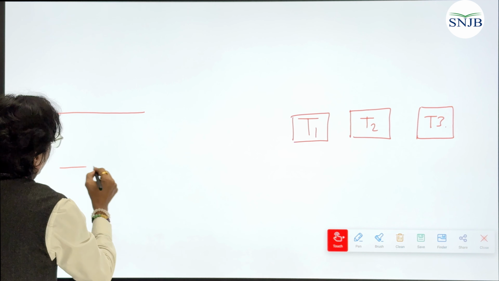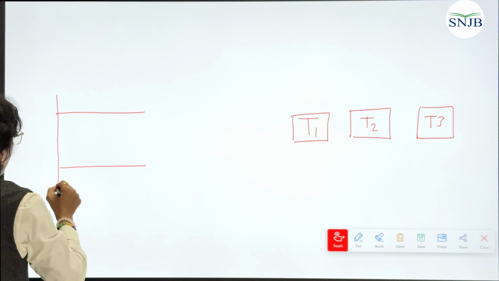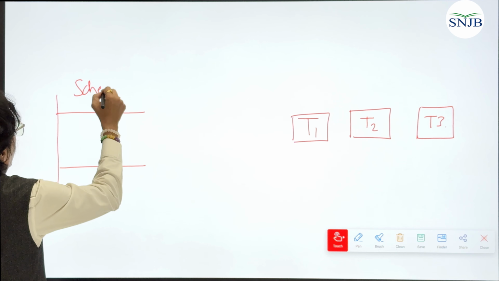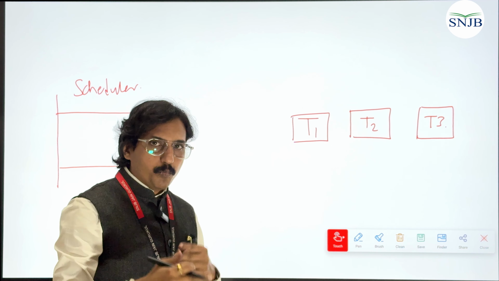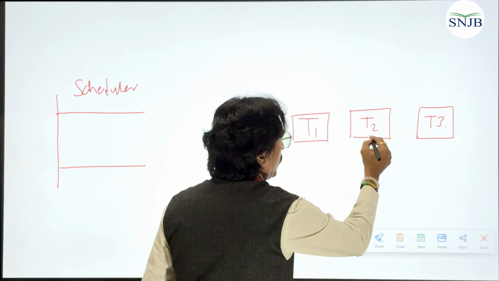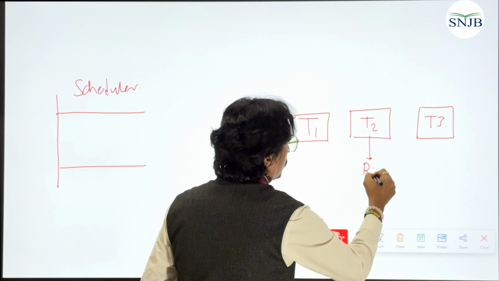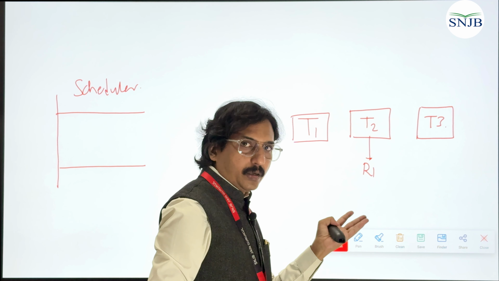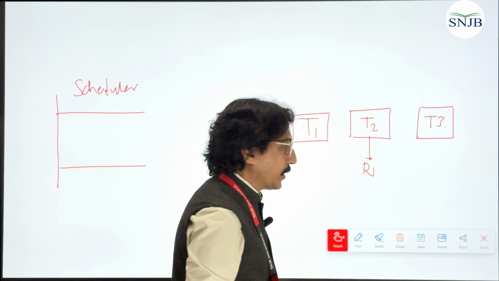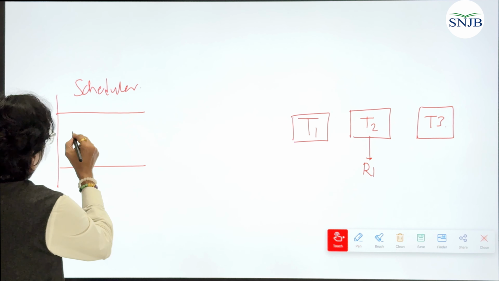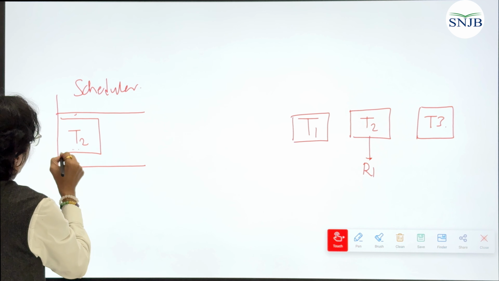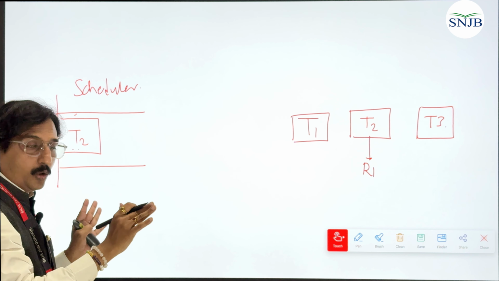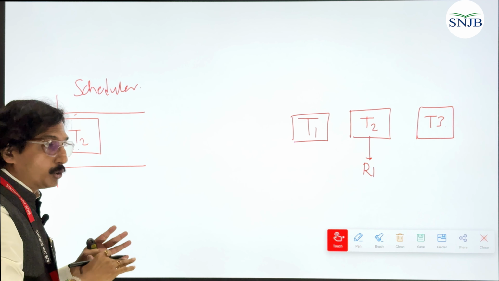What happens if task 2, after booting, requests the embedded system first? Then this task is loaded inside the scheduler. It completes its loading, it completes its execution.